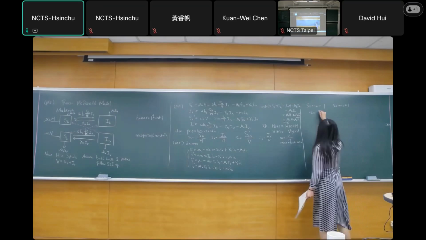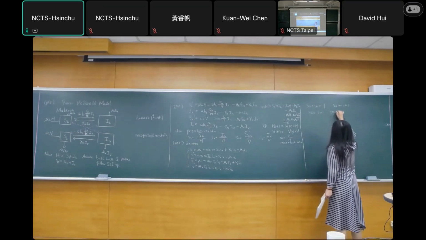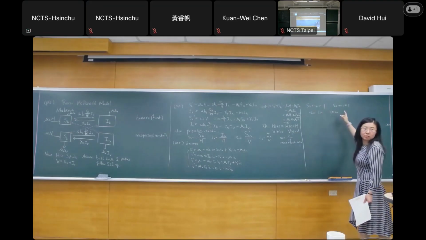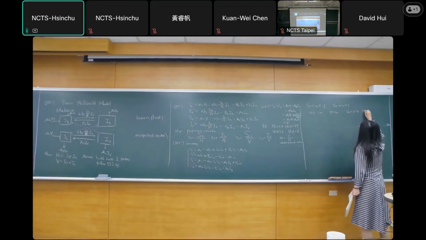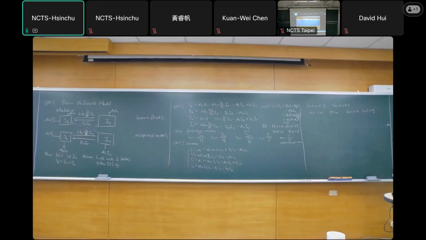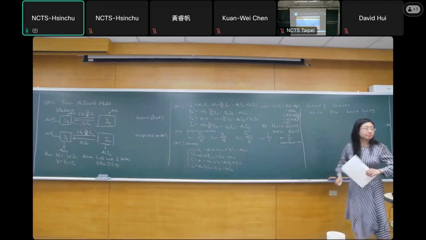I will use X for I_H and Y for I_V. This is the fraction of infected hosts, and this is the fraction of infected vectors. So now S_H will be 1 minus X, S_V will be 1 minus Y, right? I just replace the name. It's so hard to tell which one is which on the board, actually.